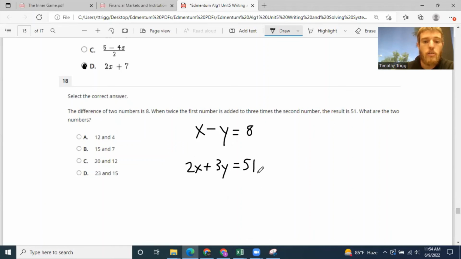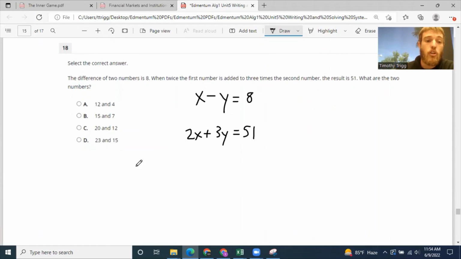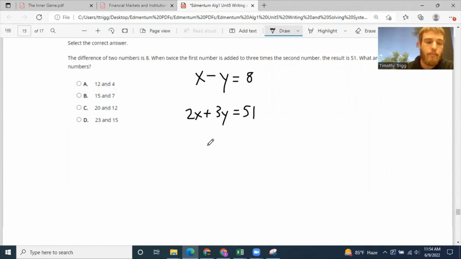Okay, so there's your system of equations. One thing you could do is just see which numbers actually work here, right? Which two numbers actually subtract to give you 8, and also 2 times the first value, 3 times the second value gives you 51. See if you can figure that out.